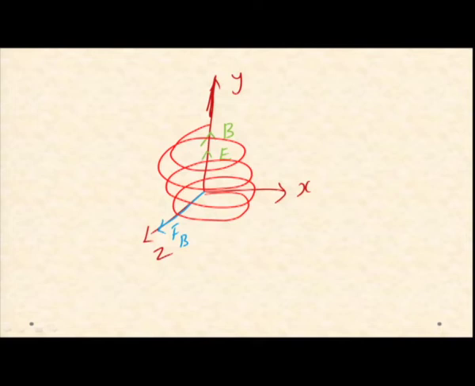The distance between two cycloids is based on the magnitude of the electric field, because the magnetic field makes the particle move in a circular path, and the electric field makes the particle move in the y direction. So you will get a cycloid path.